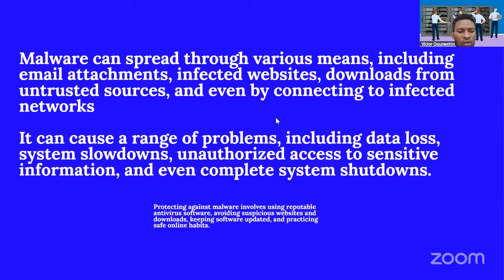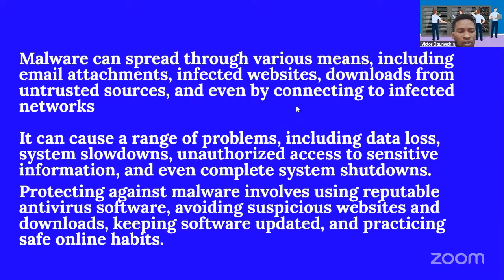Protecting against malware involves using reputable antivirus software. It could be Avast, Kaspersky, Smadav. A lot of them are there that we can install. Also, avoid suspicious websites and downloads. Keep software updated. You need to always update your software, because outdated software is vulnerable to any malware.